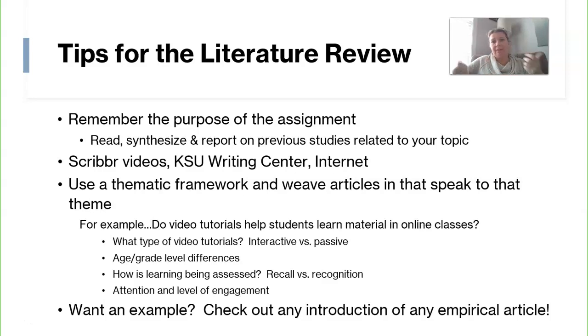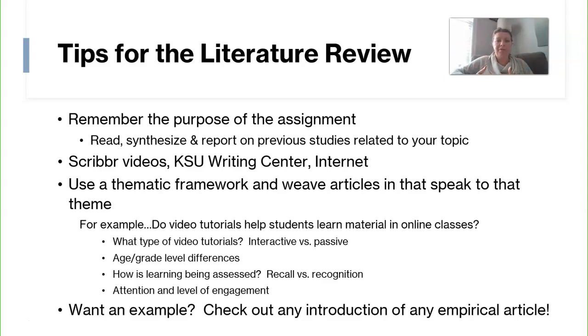You have to gather at least 5 articles, maybe more, and synthesize what you've learned about the topic based on the research that's been done. There's a lot of ways to think about the literature review. They're done all across the country in all kinds of social science courses, so you can look on the internet to see what people recommend.